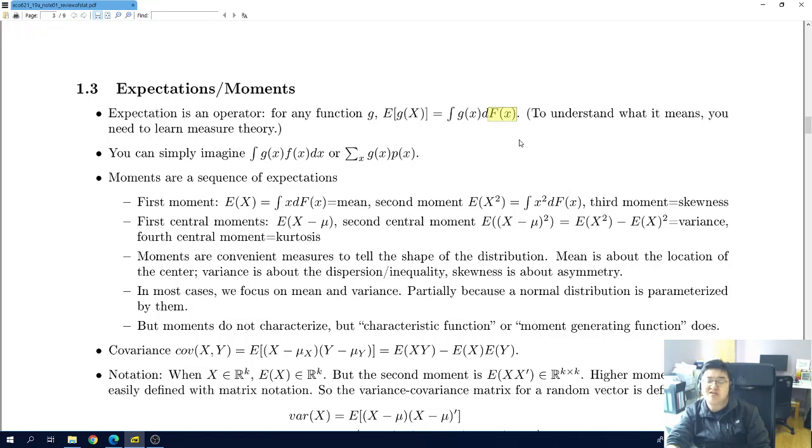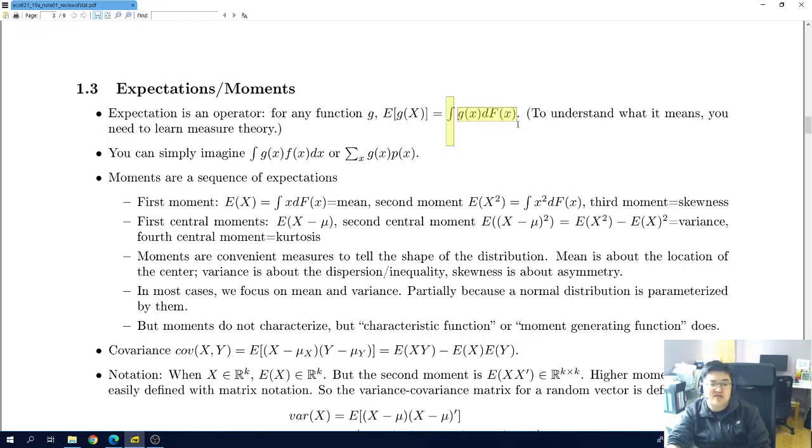So the CDF is the definition of a random variable. So expectation should be defined based on the CDF. And it's written in this way. It's an integration. Integrate out and you get this.